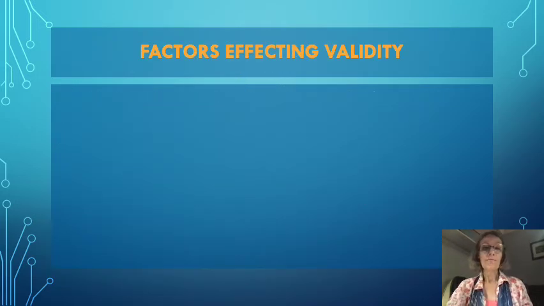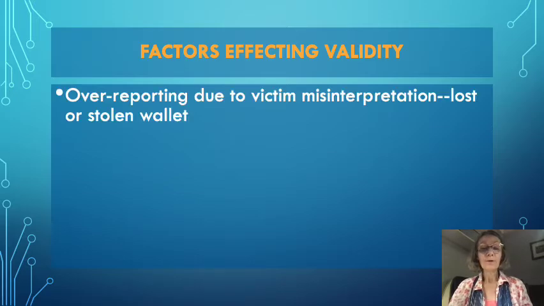Okay, just as there were factors affecting the validity of the Uniform Crime Report, there are also factors that affect the validity of the National Crime Victimization Survey. So one factor is the possibility of overreporting due to victim misperception. You could think that your wallet has gone missing.